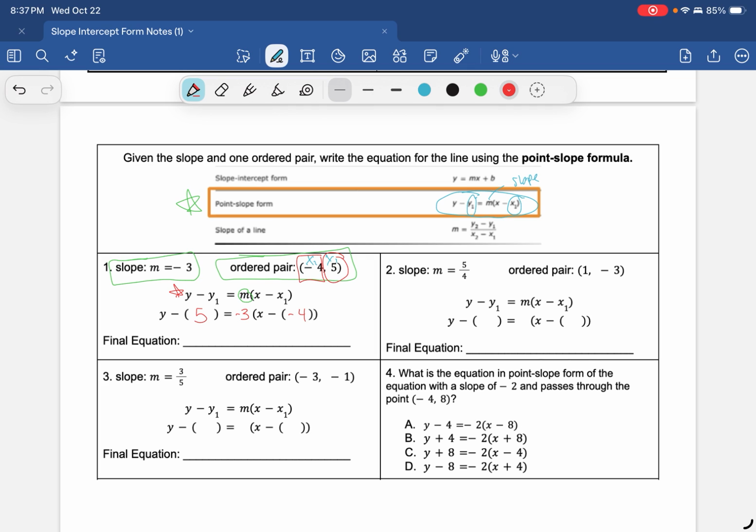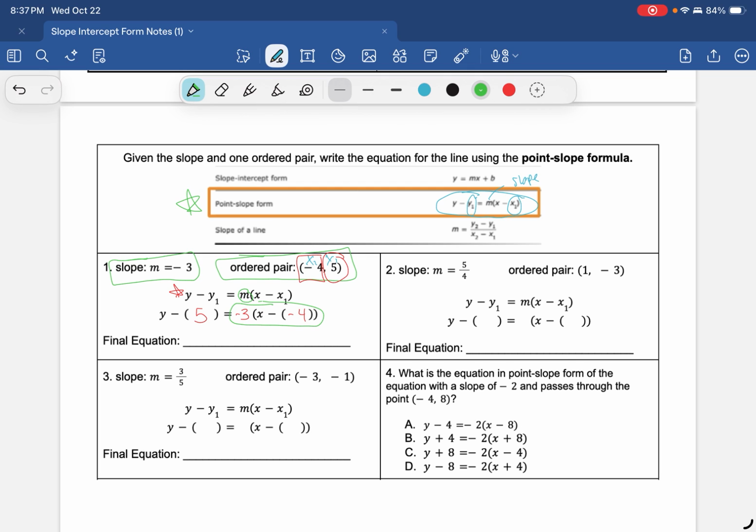Now, like we talked about previously with our negatives and positives, we have to be very, very careful that we are paying attention to our signs. Anytime you have two negatives, like we have right here, that will turn into a positive.